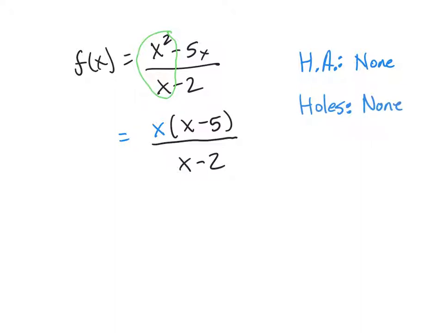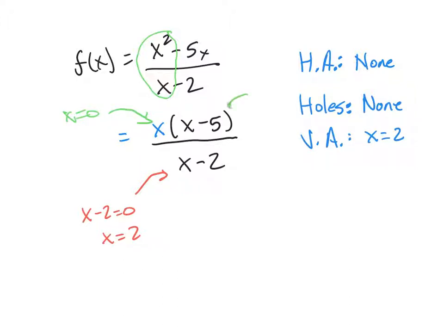There are, however, zeros and vertical asymptotes. So for the vertical asymptote, x minus 2 is set equal to 0, and that means x equals 2. So I have a vertical asymptote at x equals 2. And in the numerator here, there are two ways the numerator will equal 0. You set this factor equal to 0, which is just x equals 0.